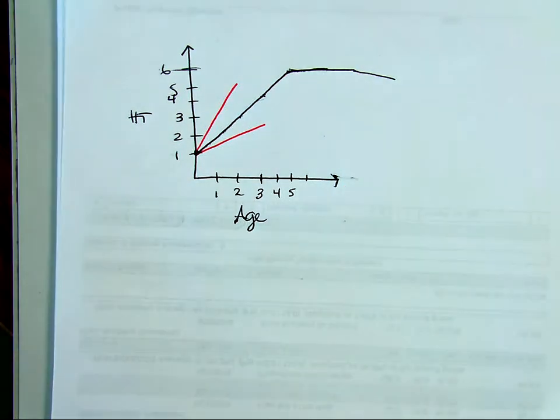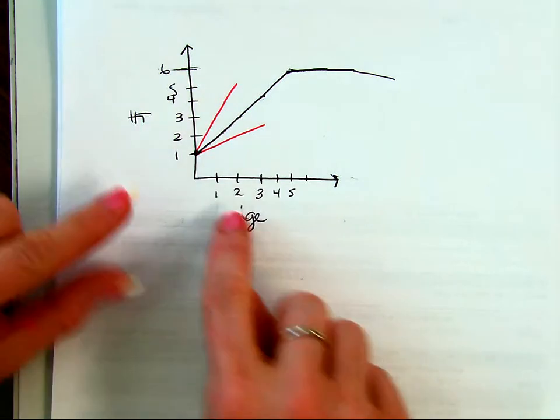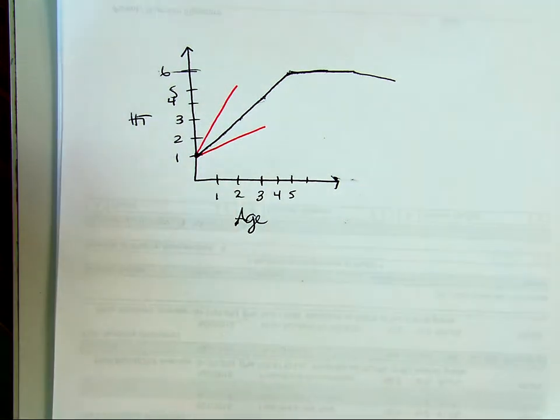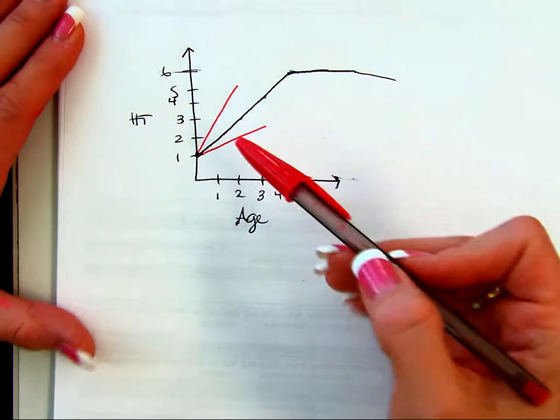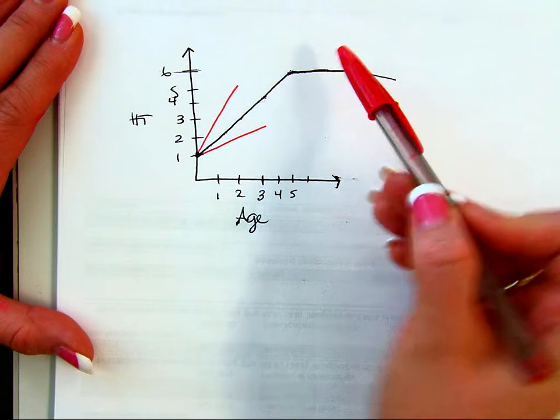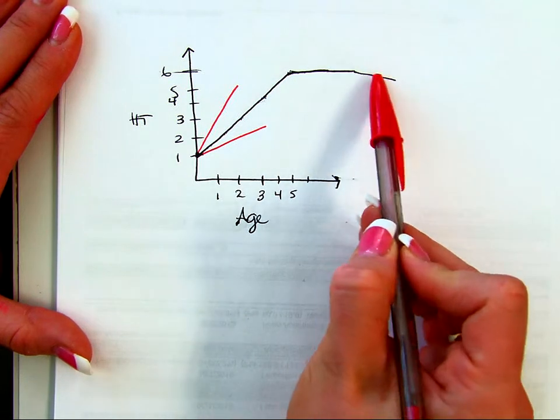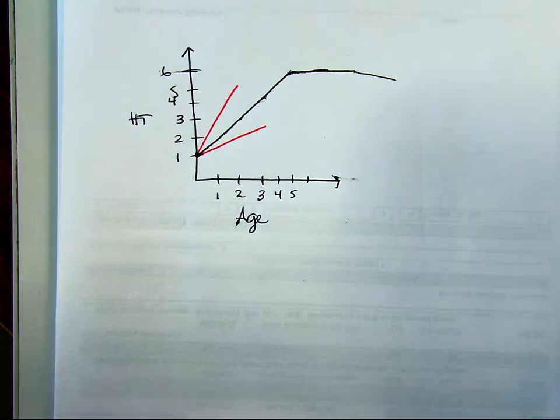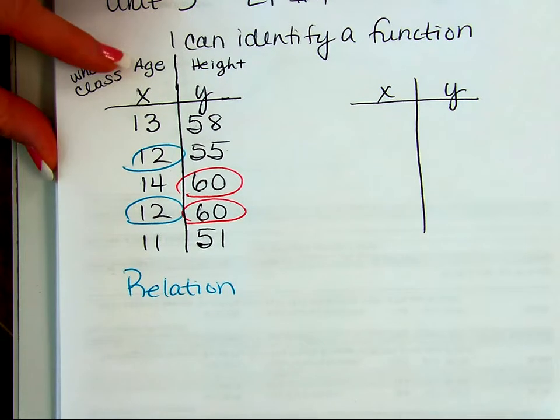If I were to give you this graph without even numbers here, with just the words age and height, would you be able to interpret that? Because that's what we're going to be looking at on our learning target number 8 coming up, or 7. So you're growing, you stay the same height, and then eventually you start to shrink a little, for lack of a better word. Do they always? I don't know.